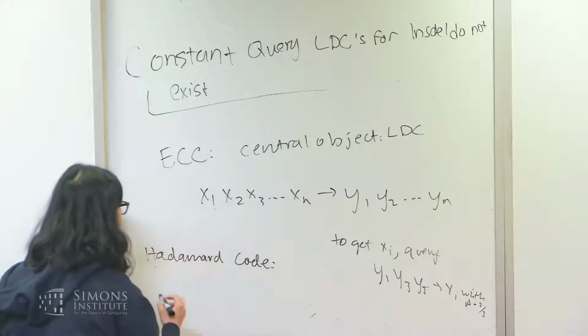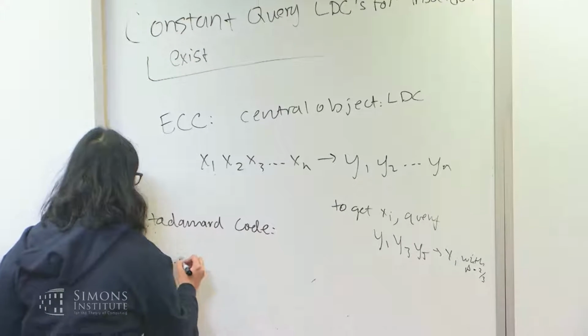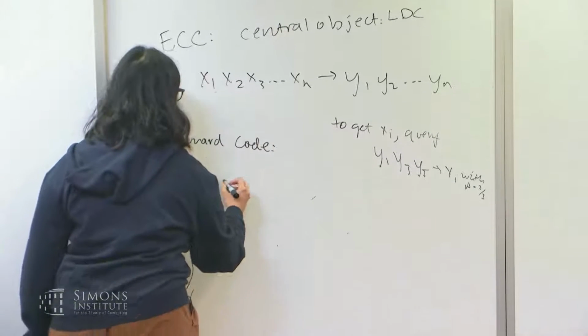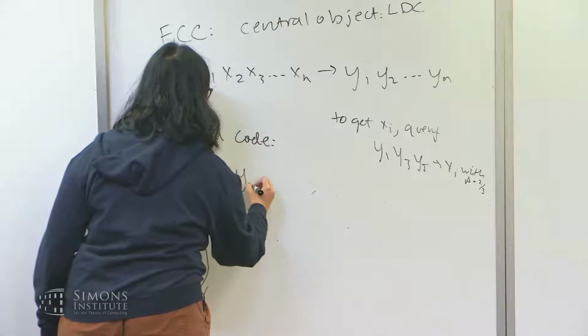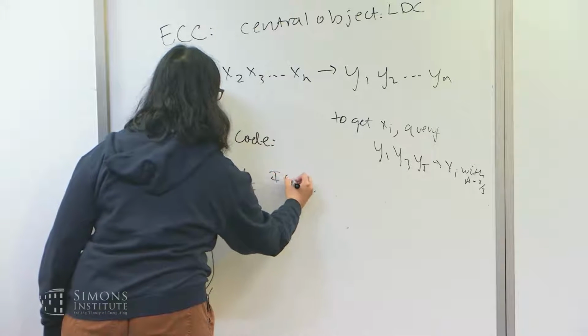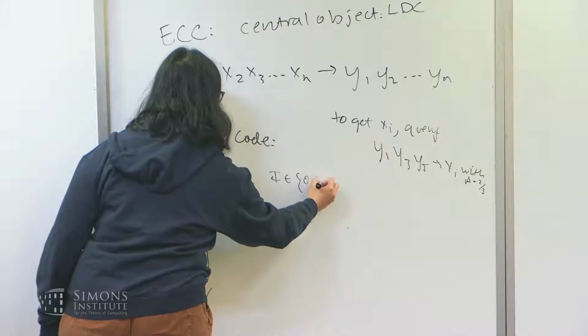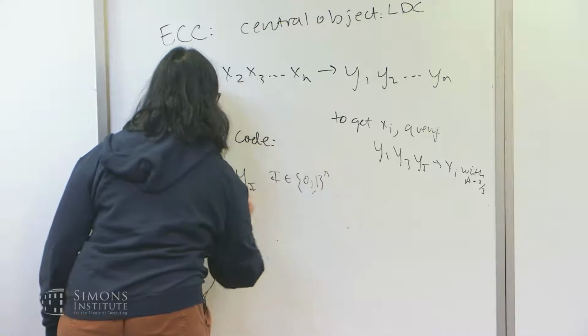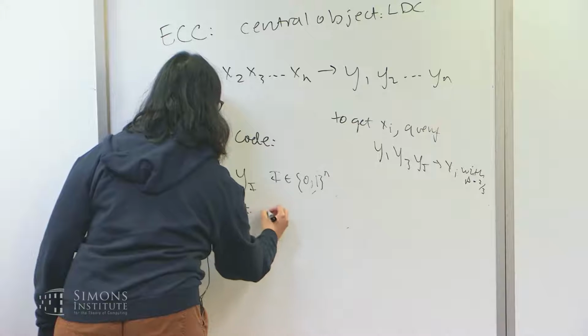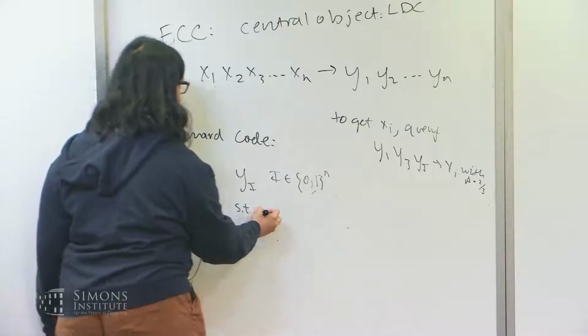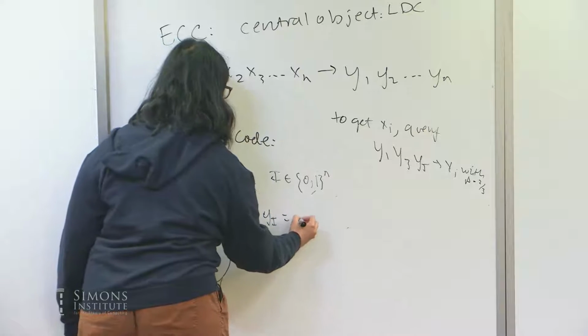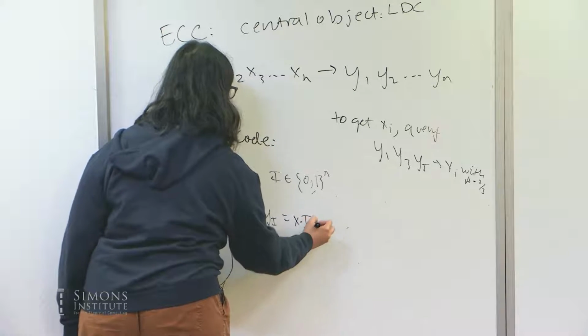The Hadamard code takes the message x_1 through x_n and encodes it to a code word of length 2 to the n, such that every entry of the code word y_i is equal to the inner product of x with i.